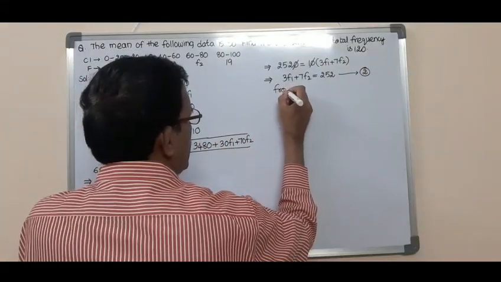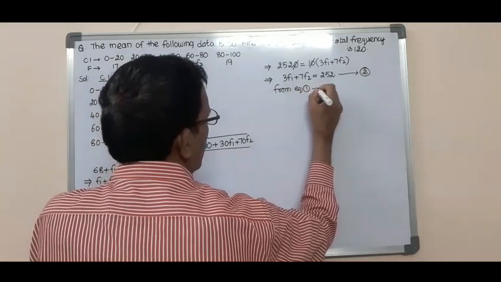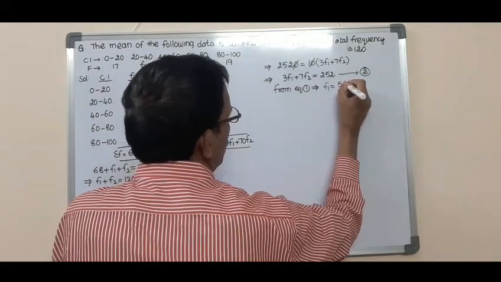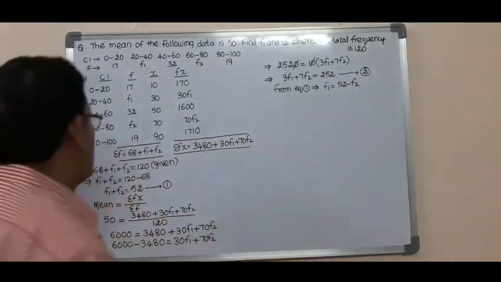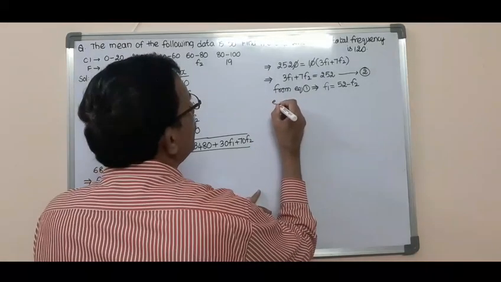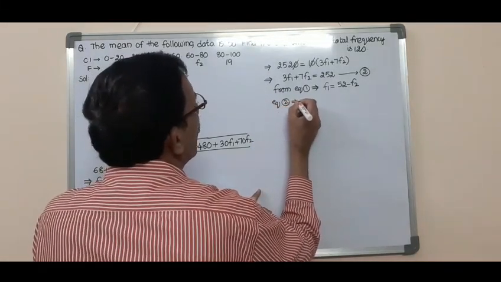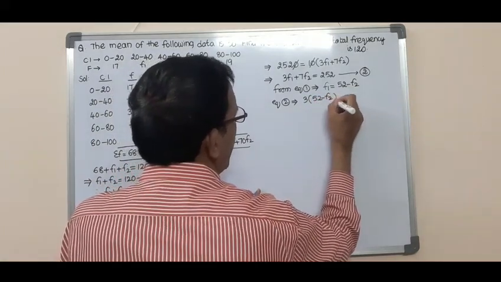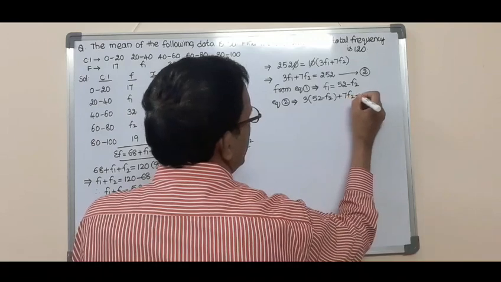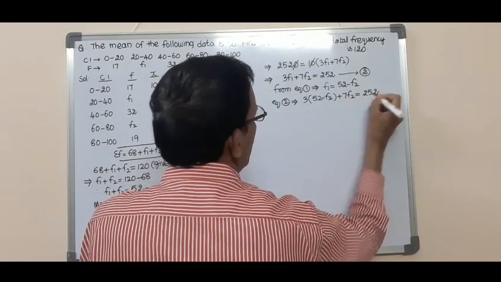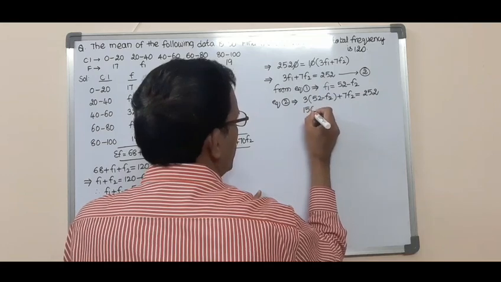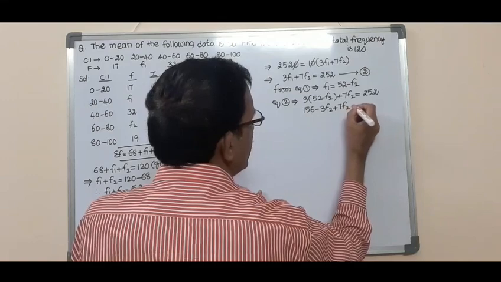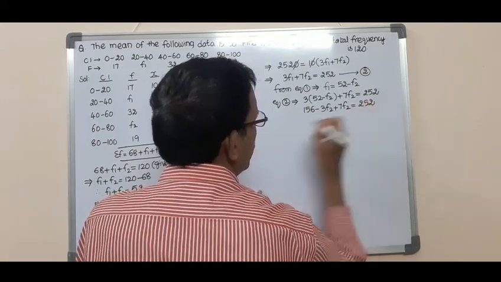From equation 1, f1 can be written as 52 minus f2. So writing this value in equation 2, 3 into 52 minus f2 plus 7 f2 is equal to 252. 3 into 52, 156, minus 3 f2 plus 7 f2 is equal to 252.